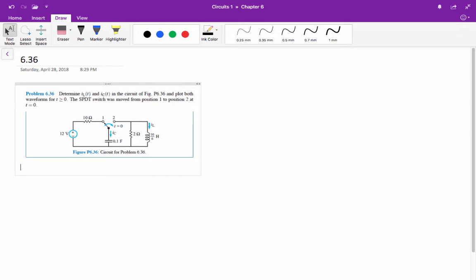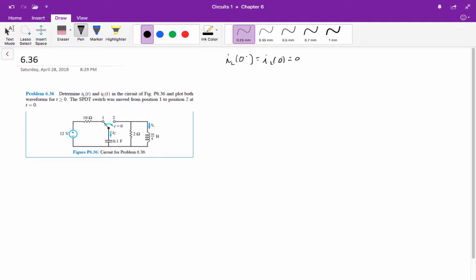It's been in position 1 for a long time, and so the area on the right side of the circuit over here is all open, and so there's no current running through the inductor. So IL of 0, which is the same as IL of 0 minus, is 0.